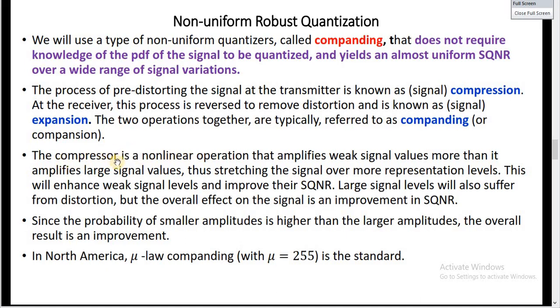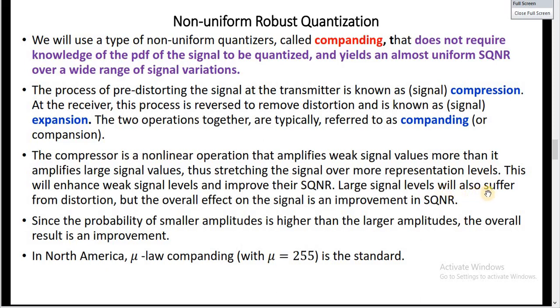The compressor is a nonlinear operation that amplifies weak signal values more than it amplifies large signal values, thus stretching the signal over more representation levels. This will enhance weak signal levels and improve their signal to quantization noise ratio.